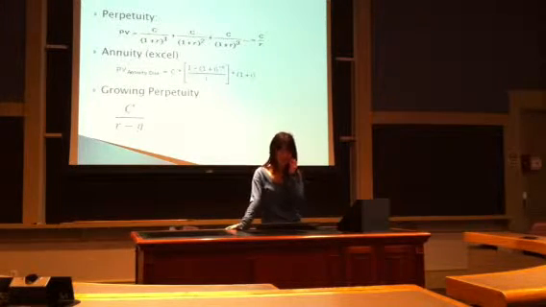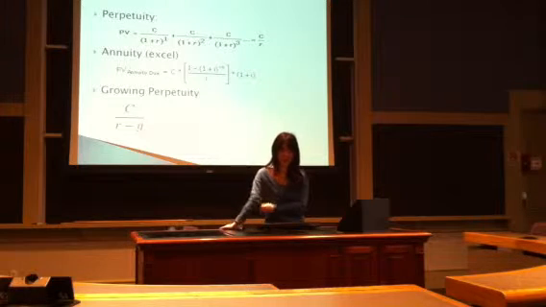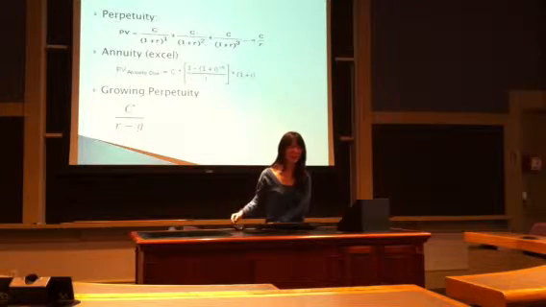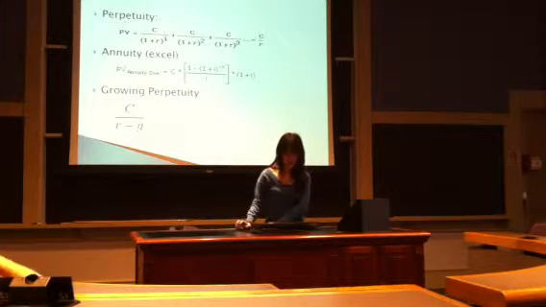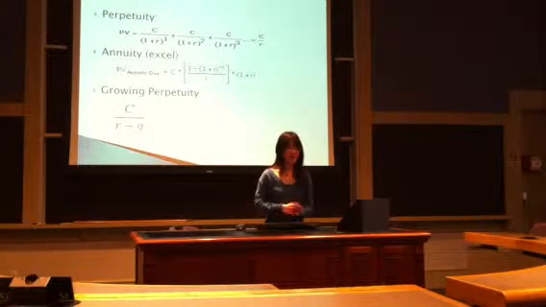So here are some formulas that are commonly used in valuation and calculating present value. The first one, perpetuity, is where you receive a fixed amount of cash flow for a period, forever.